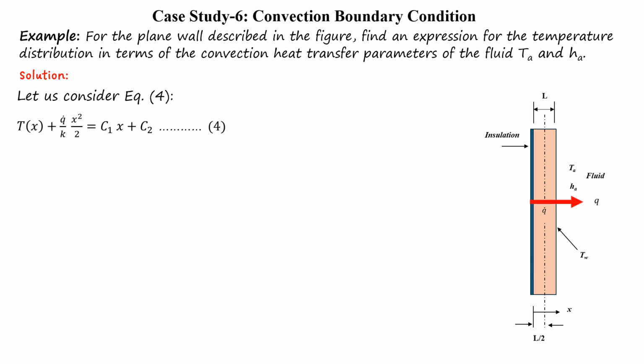Let us consider equation number 4, which represents T of x equals minus q dot divided by k times x squared divided by 2 plus c1 x plus c2, obtained from double integration of equation number 3.